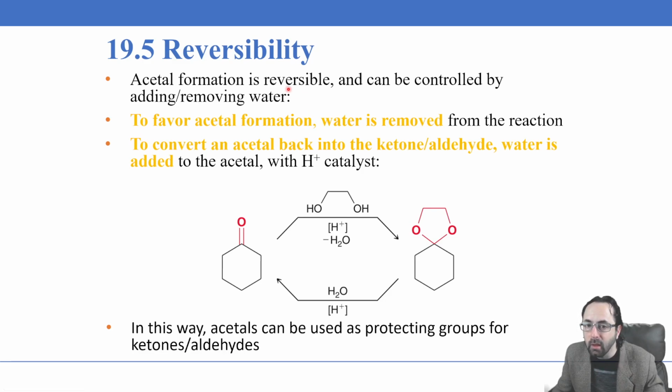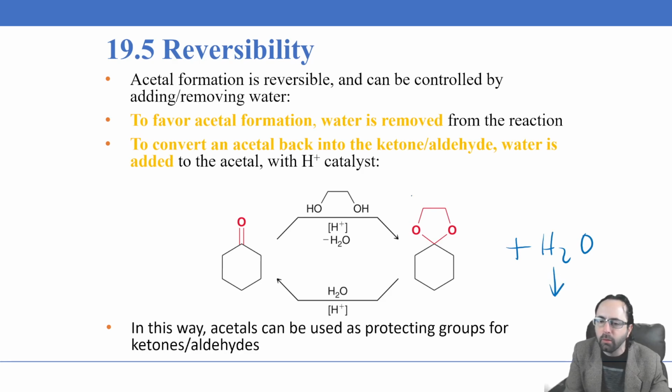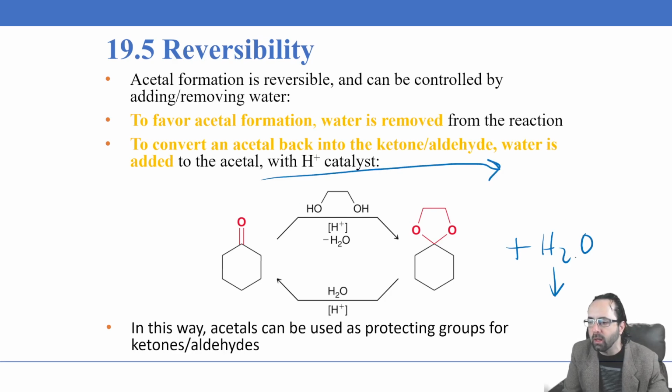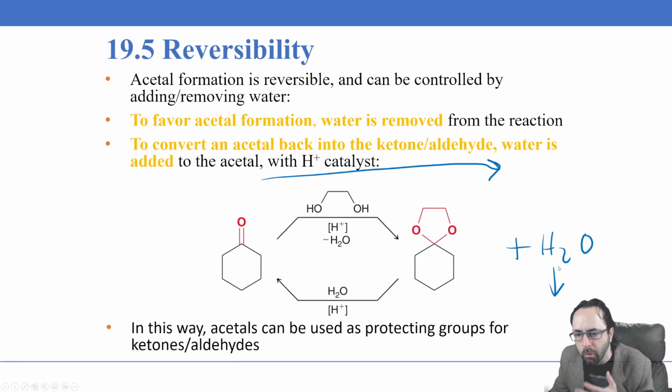So here, if we want to favor the acetal, what we can do is remove the products of the reaction. Remember that each of these is a dehydration reaction. It produces water. So by Le Chatelier's principle, if we remove the water from the reaction, we can drive the reaction forward in order to replace the water that we're removing. So by removing the water product from the reaction, that's one way we can favor the formation of the acetal.